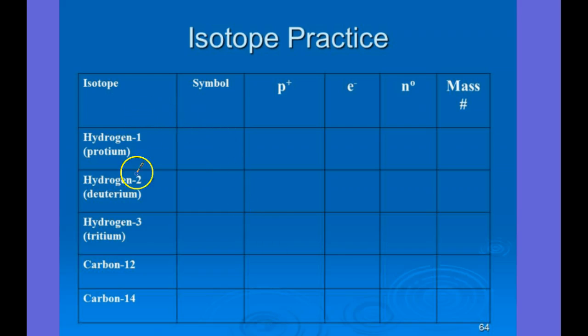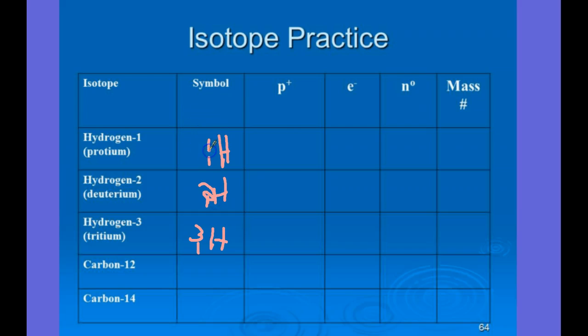I've got hydrogen 1, 2, and 3. If we do the symbol the proper way, these are all atomic number 1. And again, I'm writing this with a mouse. This one says it's hydrogen-3, so it has a mass number of 3. This one's hydrogen-2, with a mass number of 2.